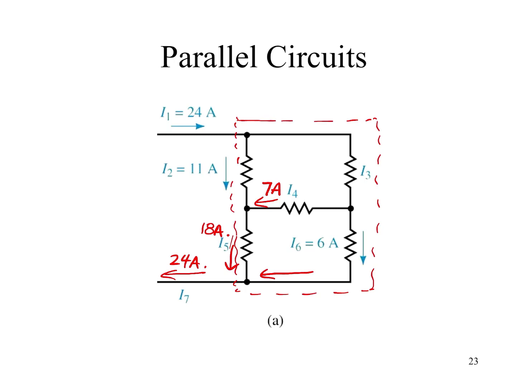Now, if you look at the 7 amps exiting here and the 6 amps exiting here, that means there's got to be 13 amps entering. And notice how 11 plus 13 equals 24.